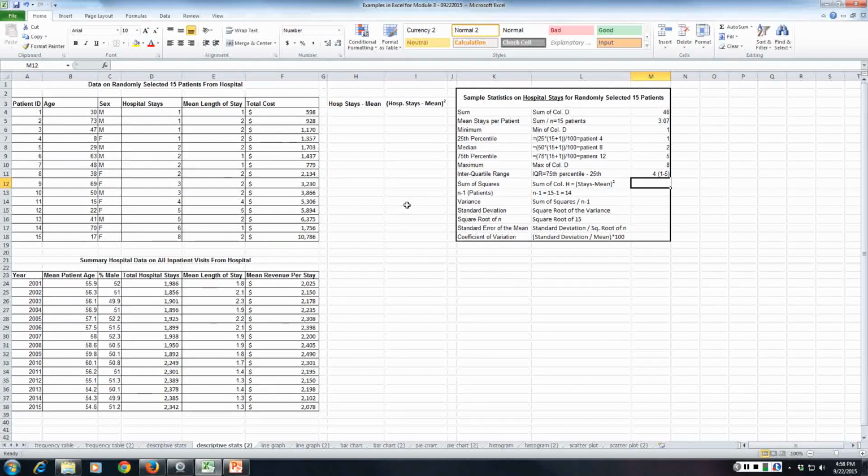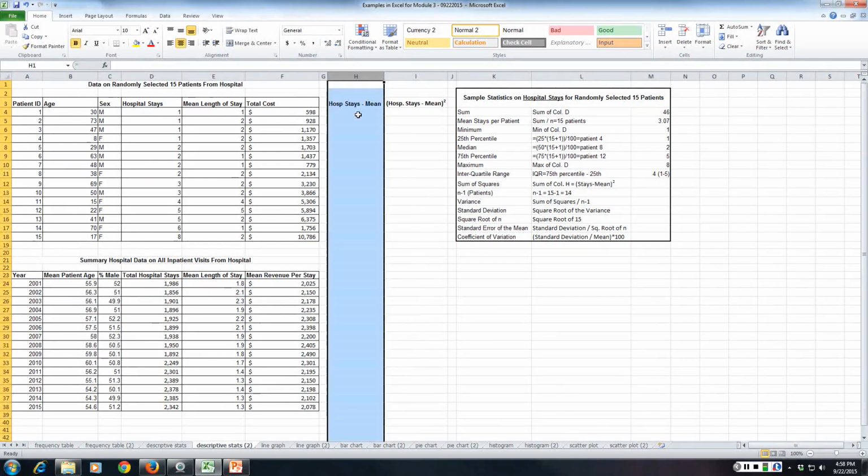In order to do that, the first thing we needed was the mean, right? So we have the mean up here, which we calculated in column M4. Then what we want to do is subtract the mean from each individual hospital stay.